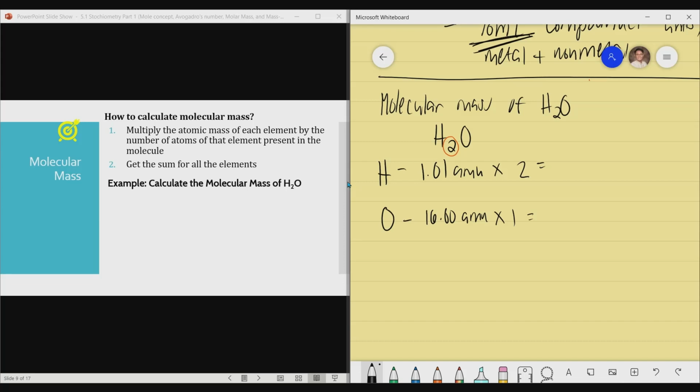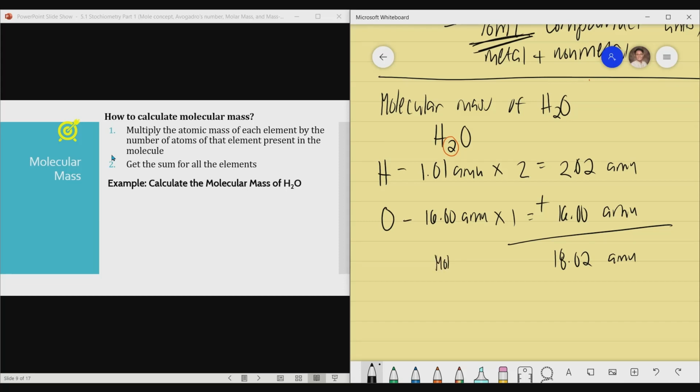Then find their product. This will be 2.02 AMU and this will be 16.00 AMU. Then add them according to step number 2. Get the sum for all the elements. This will be 18.02 AMU. Therefore, this is my answer for the molecular mass of H2O.